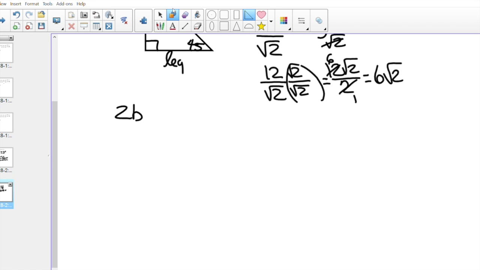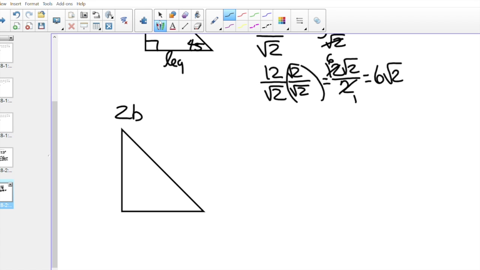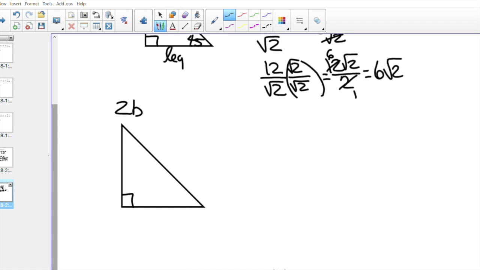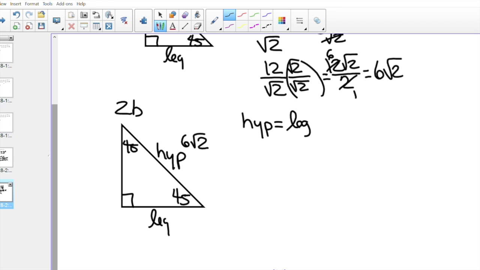Let's go to 2B. Again, you have a 45, 45, 90 degree triangle. The side opposite the right angle is the hypotenuse. The other sides are called legs. And it says on number 2B, the hypotenuse is 6 times the square root of 2. So we'd use theorem 9-8, which says the hypotenuse is equal to the leg times the square root of 2.